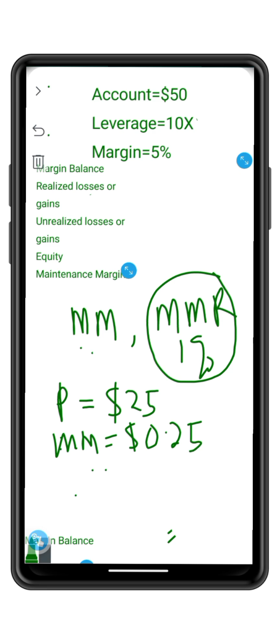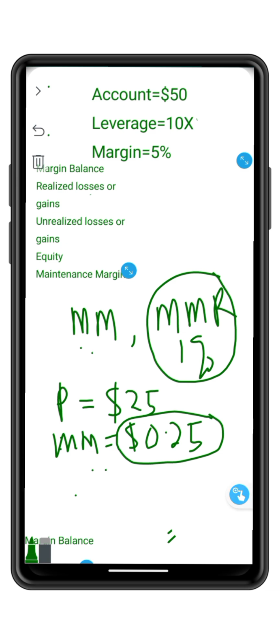So this maintenance margin here simply means that your account must not fall to or below this. If it falls to or below this, you're going to get a margin call and you're going to get liquidated. Okay, so that's what maintenance margin is.